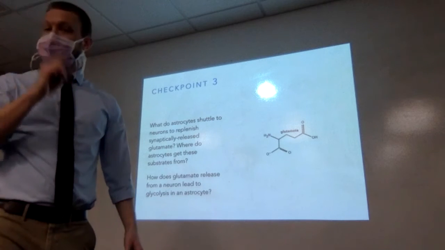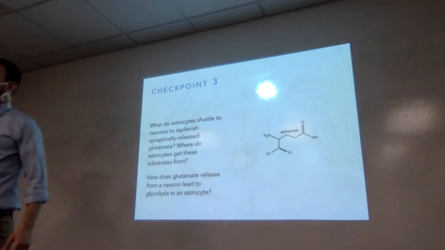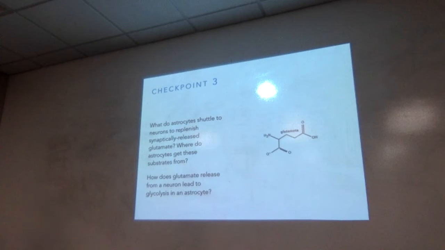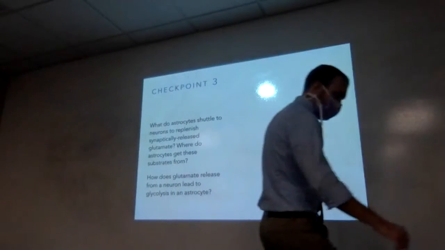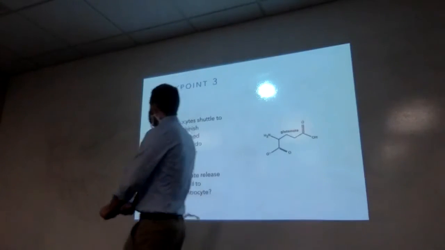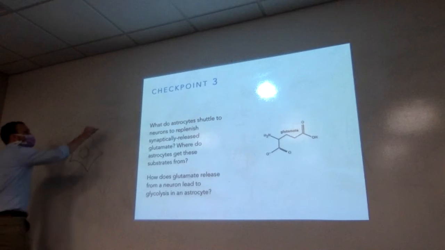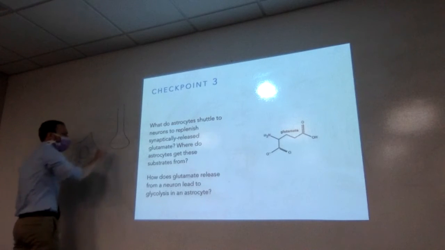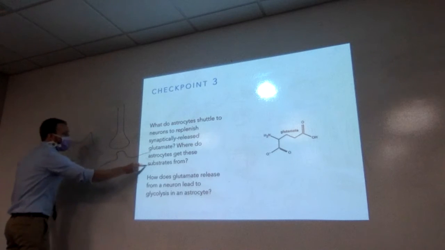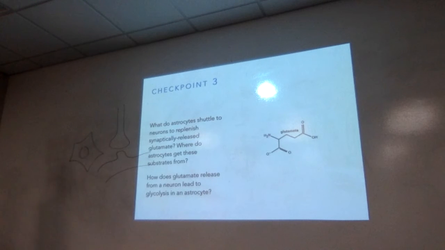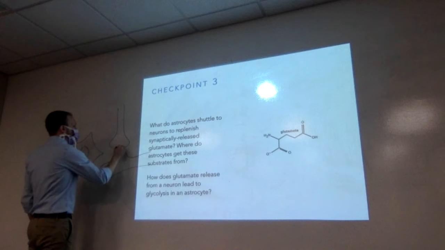We'll probably have to send them some lactate at some point. But let's not get too far away from just glutamate. So we'll send them glutamine. Why are we sending them glutamine? Any ideas?